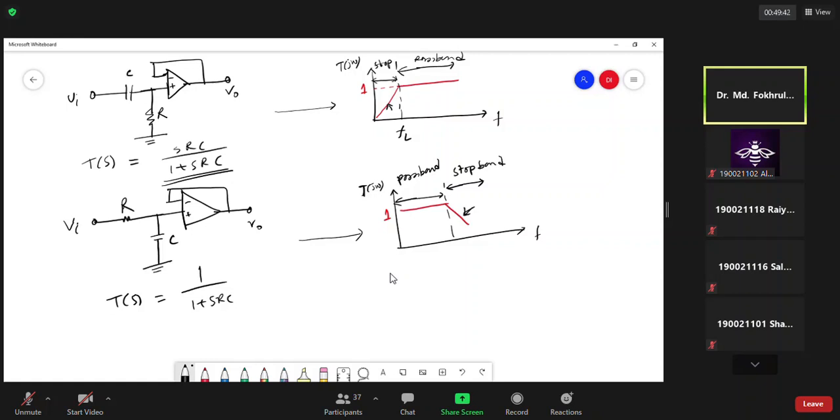As simple as that, very simple. But still this is first order. These are all first order filters.